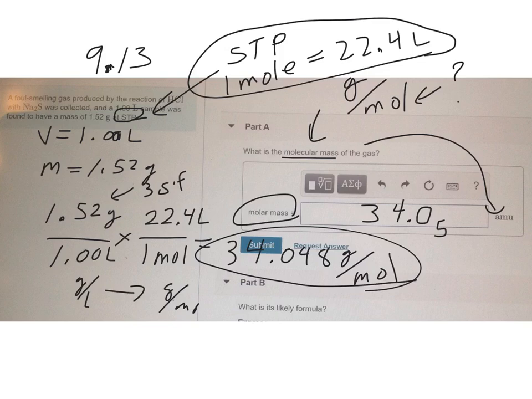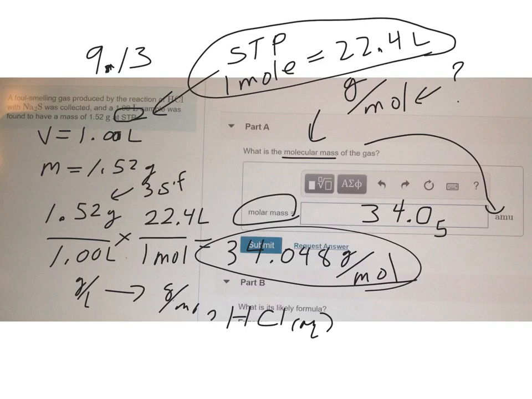They ask you to do the likely formula. Depending on the order that I did things when you took this class, you may or may not have had Chapter 7. In Chapter 7, you learn a couple common reaction patterns, and one of those is the reaction of an acid with a sulfide.